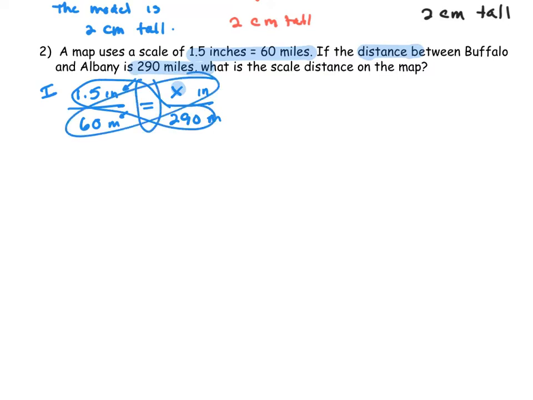And when we do, we get 60 miles times x, and then we get 435. So we're in a situation now where we need to divide on both sides, and x equals 7.25, or we could call this 7 1/4.